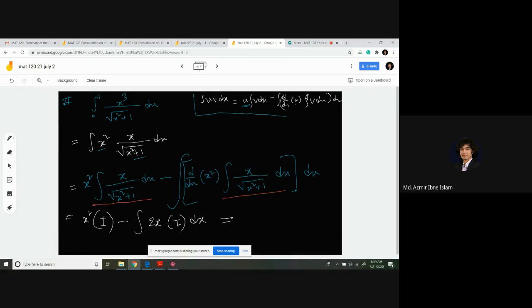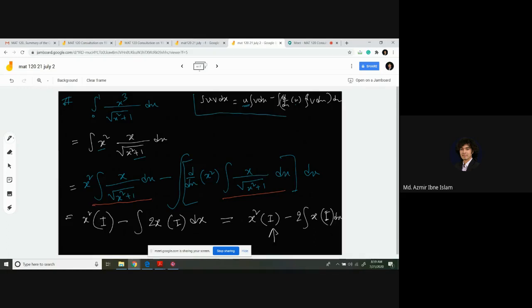So finally we can write x squared I negative 2, which is a constant and can be pulled out, so x I dx. Clear?